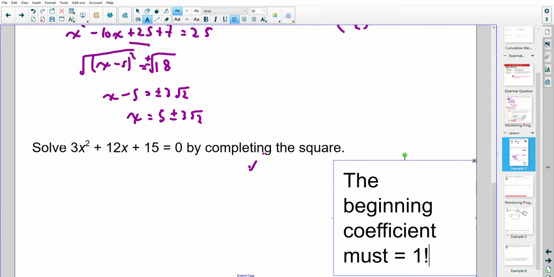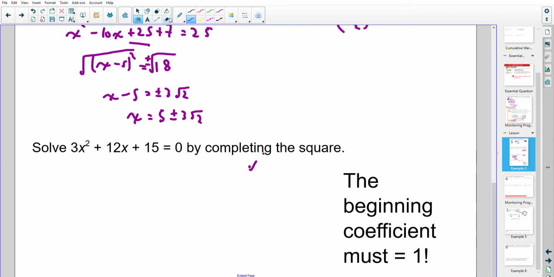If it doesn't equal 1, you can't solve it by completing the square. Therefore, you have to divide by 3 all the way through on this very first step. So dividing by 3, this nicely becomes that equation.